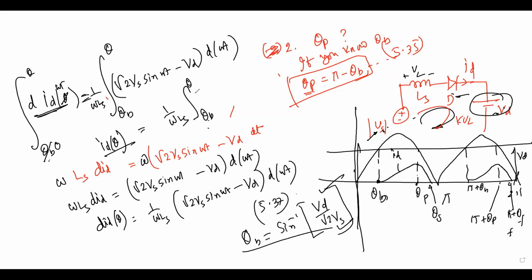Then you just have to integrate it. And then we have to put the value of theta b and theta, let us keep theta for the general expression. So that is your equation number 5.38 of your book.